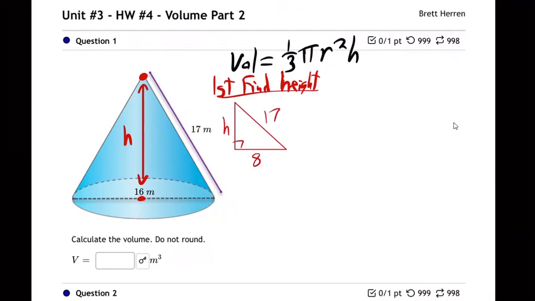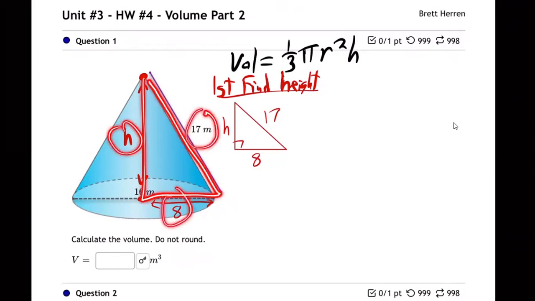Because from here to here is only 8, because 16 is all the way across. So halfway across, for the triangle we're doing right here, it is h, 8, and 17.